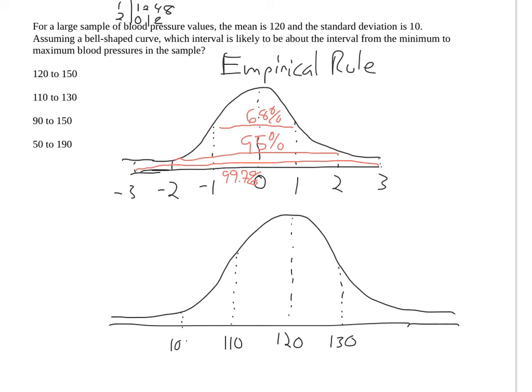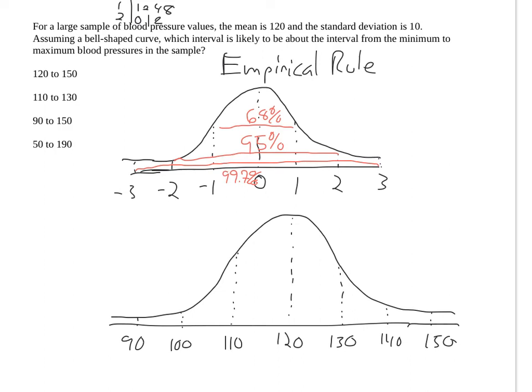And so on. You're going to subtract 10 to go to 2 standard deviations below, and add 10 to go to 2 standard deviations above. And finally, we have 3 standard deviations below and 3 standard deviations above, right? And what we should say is 99.7% of the data is pretty darn close to all of it.